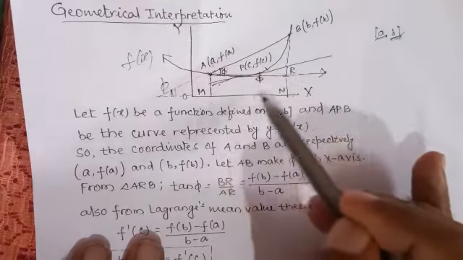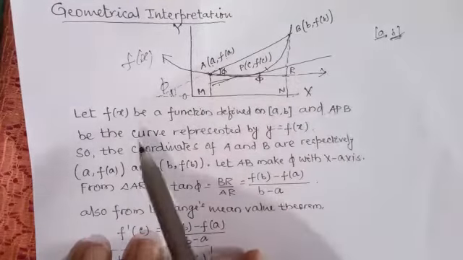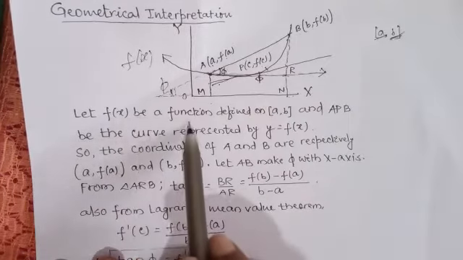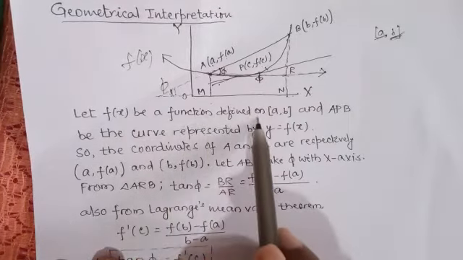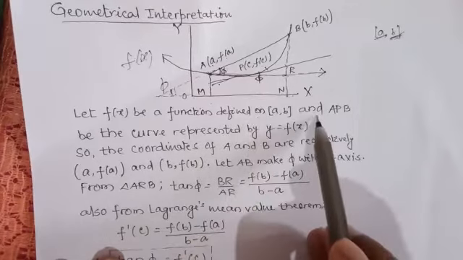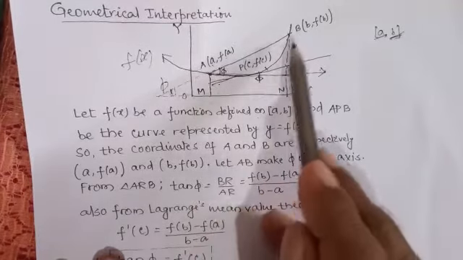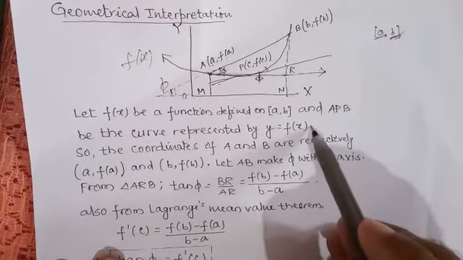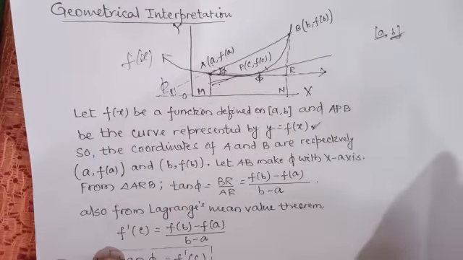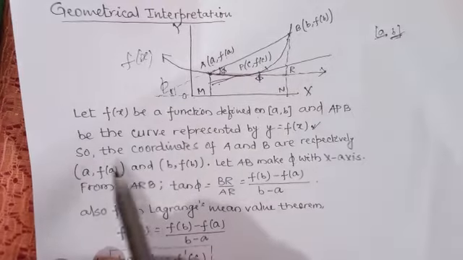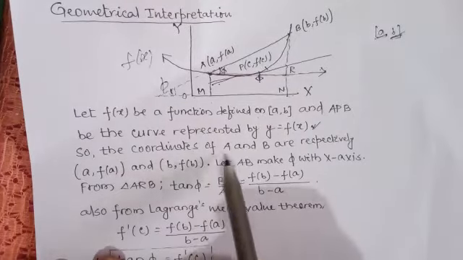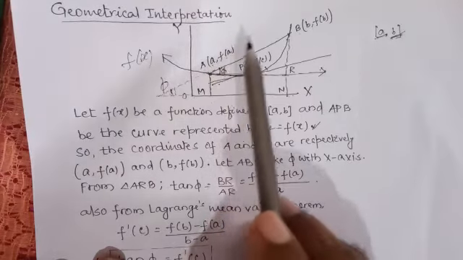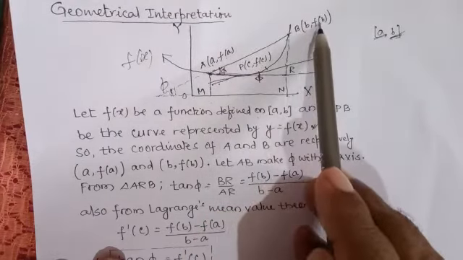This is our figure, and see what is written. Let fx be a function defined on AB, and APB be the curve represented by y is equal to fx, which is given. So the coordinates of A and B are respectively A, FA and B, FB.